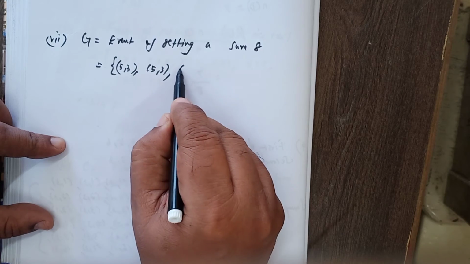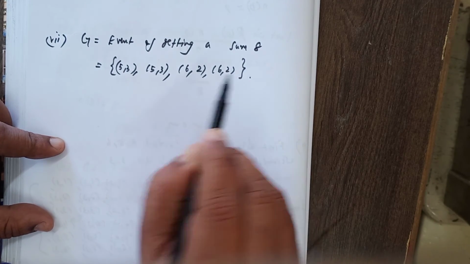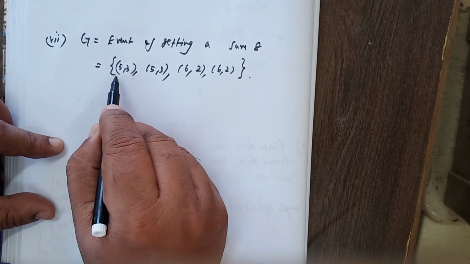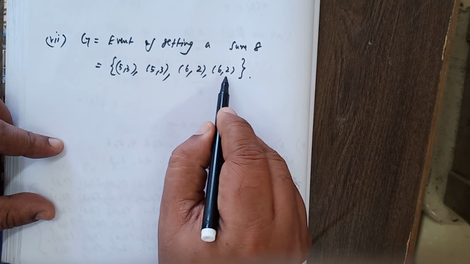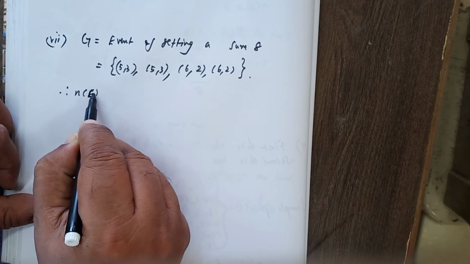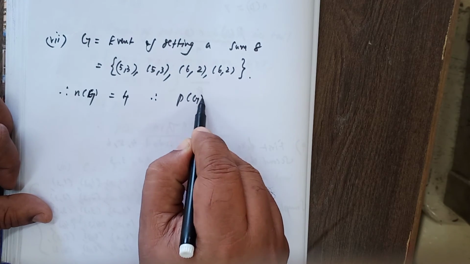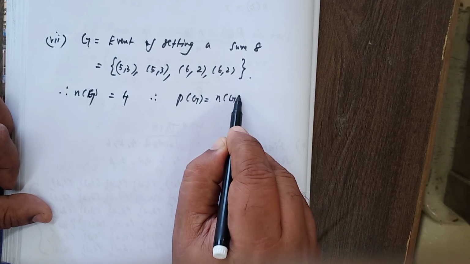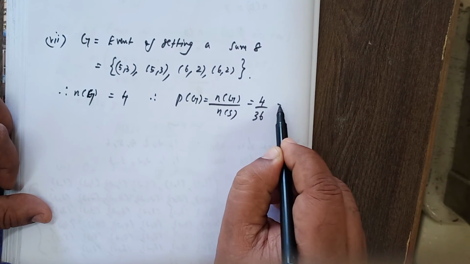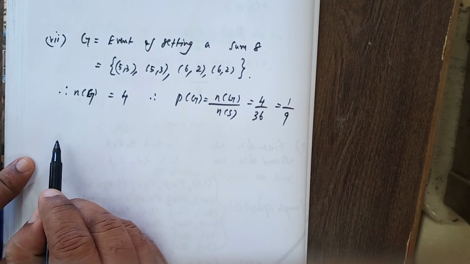Sixth row, we have 6, 2 and 6, 2. That's all. Each and every one totals 8. 5 plus 3 is 8, 6 plus 2 is 8. Therefore n of G equals 4. Therefore P of G equals n of G divided by n of S, 4 divided by 36 equals 1 by 9. 4 table 1 time, 9 times.